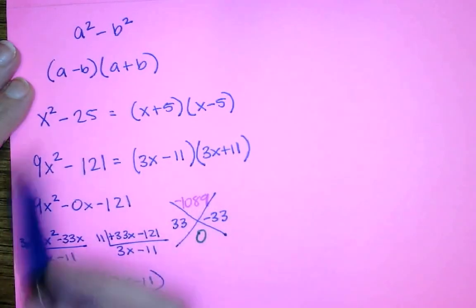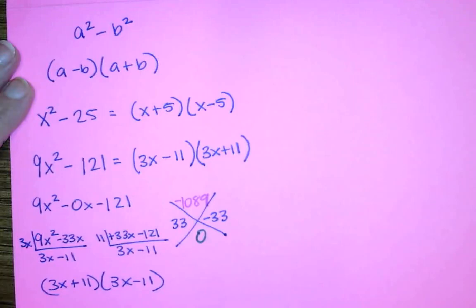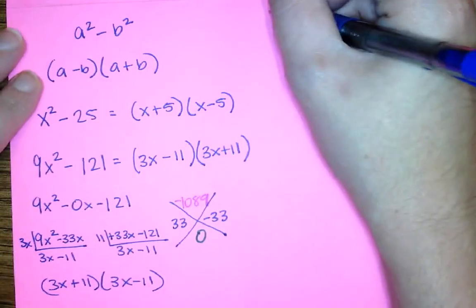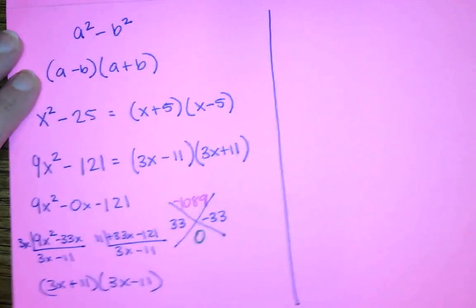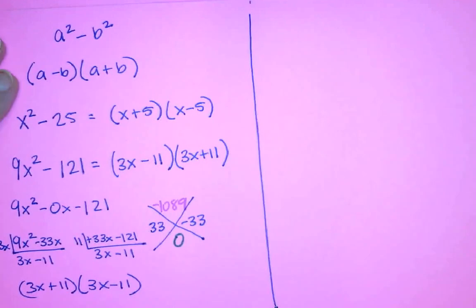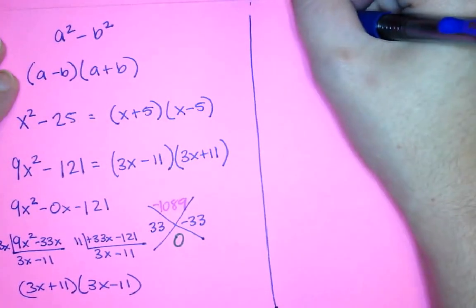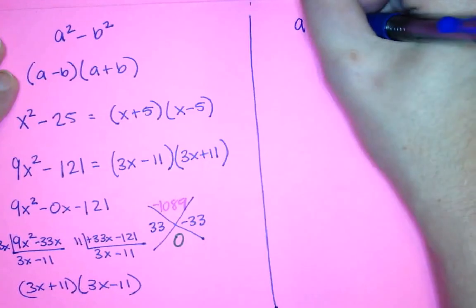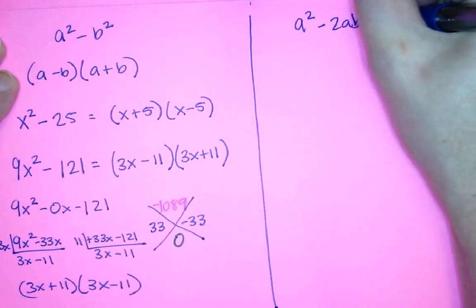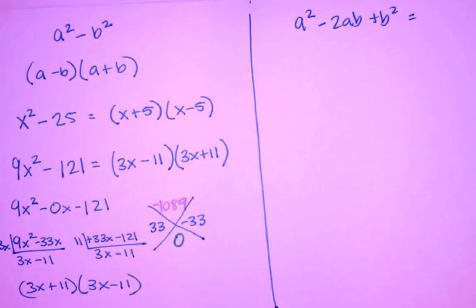Now the other one that we have had a lot of practice with, because we did completing the square, are these lovely ones, where if you have a squared minus 2ab plus b squared, that one is going to give us a minus b squared.